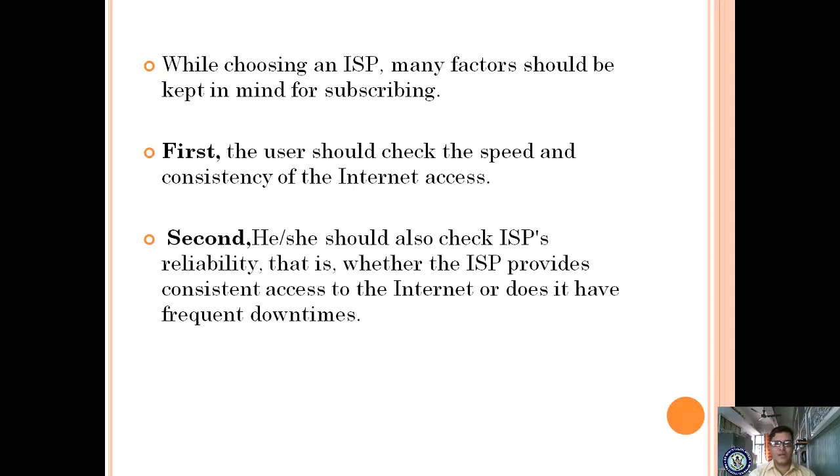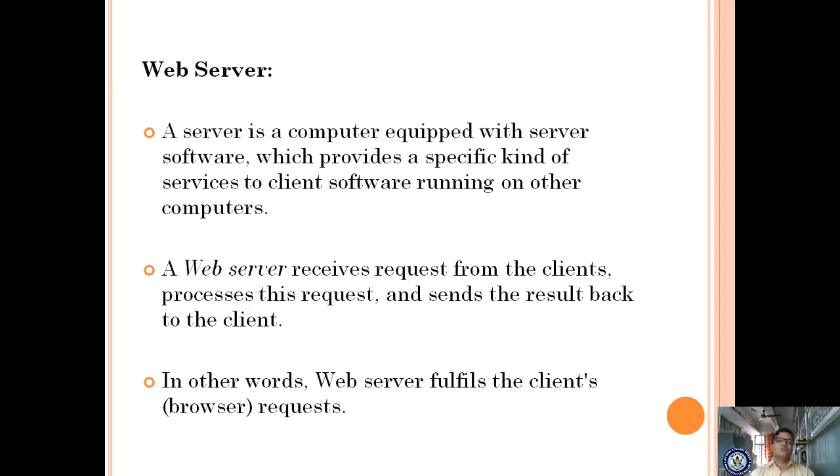Sometimes we hear the term server down. What is server down? Server down means you are unable to access your system on a network, right? Got it? So we have to check whether it frequently goes down or is working properly. So likewise we have to check this factor also. So that is about your internet service provider.